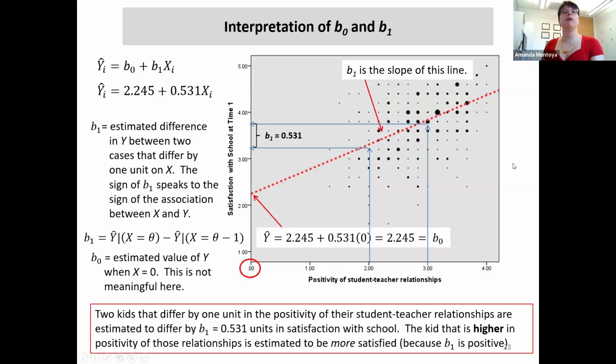Excellent. And then for our intercept, we can think about the intercept as the estimated value of Y when X is 0. And in this case, the positivity of student-teacher relationships variable only goes from 1 to 4.